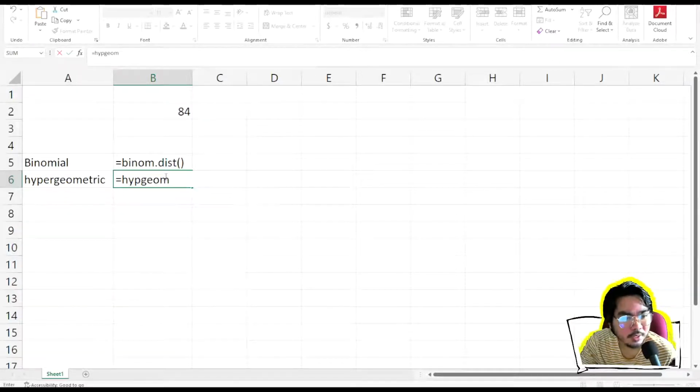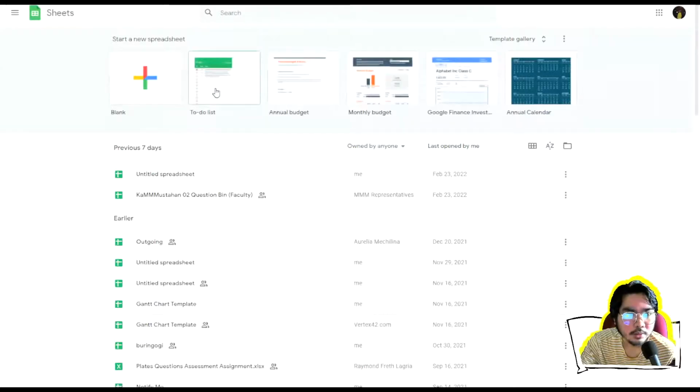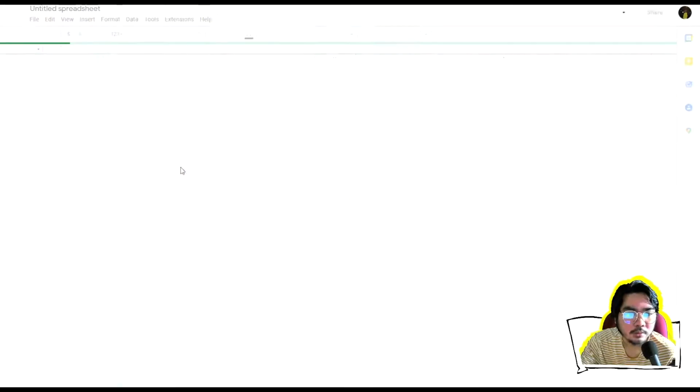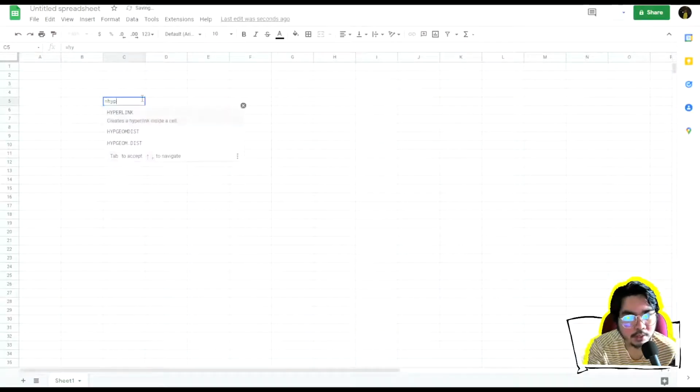And I think let's do spreadsheet, no. I want to check kung anong ginagamit ni Google Sheets. Let's check. Google Sheet, ano bang gamit mo? Equals hypgeom. Meron din siya. Dalawa din, no? Google Spreadsheet also has the two available.